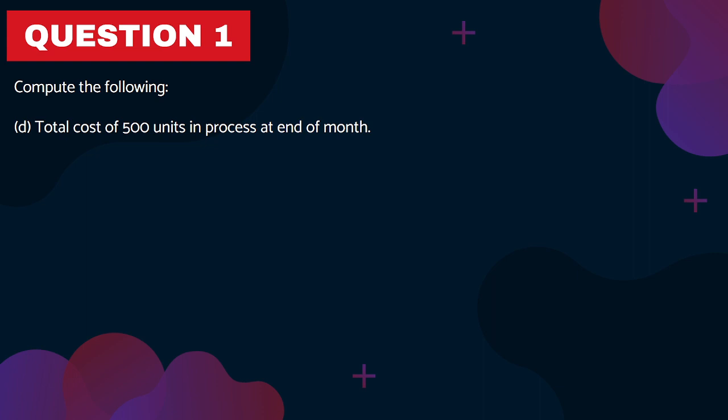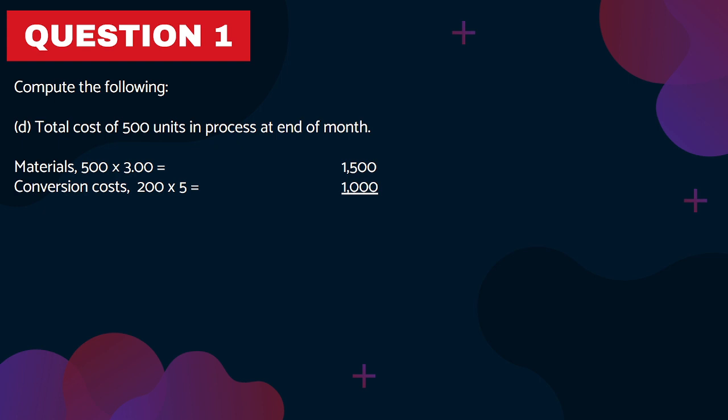The next question is total cost of 500 units in process at the end of month. Since we have the answer for unit material cost and the unit conversion cost, we can add it into the formula. Therefore, the materials are 500 times answer A, which is 3 ringgit, and we get 1,500.